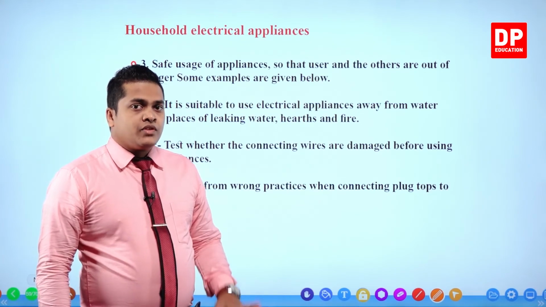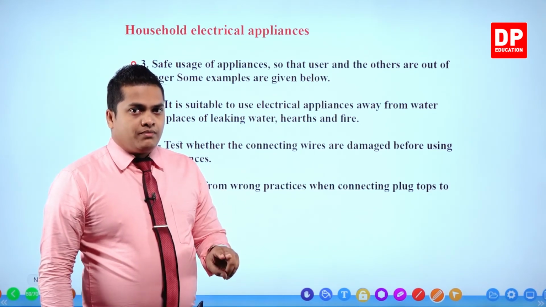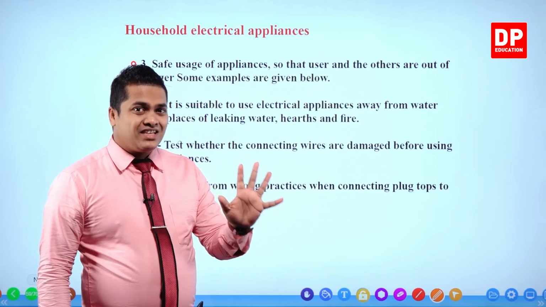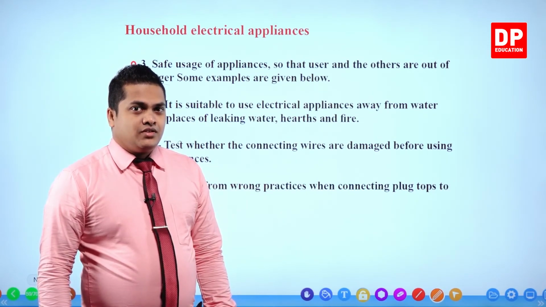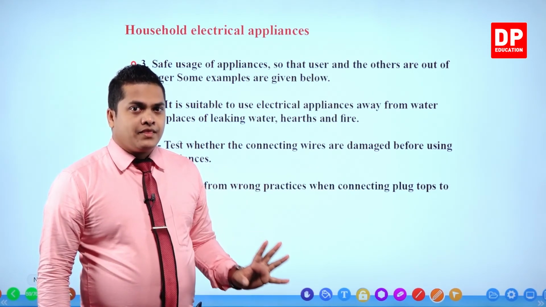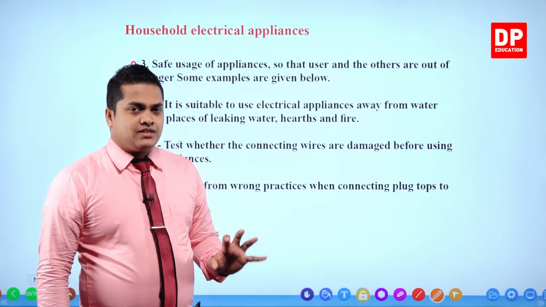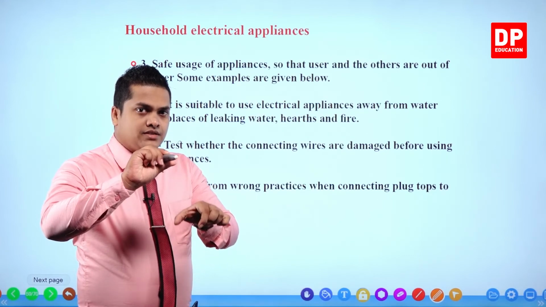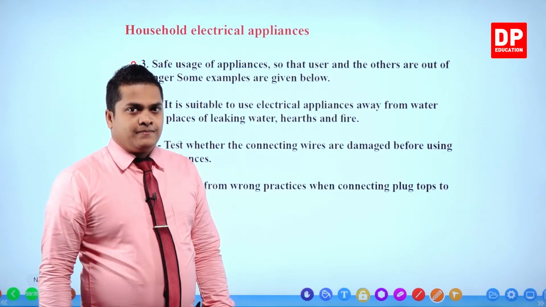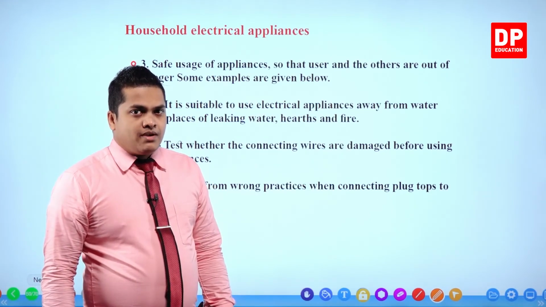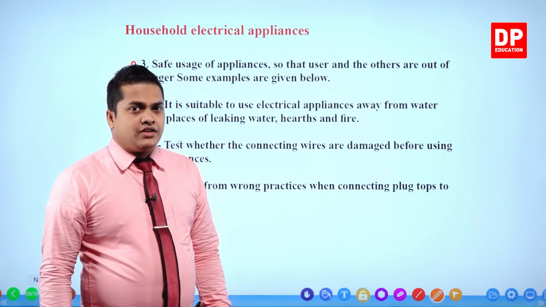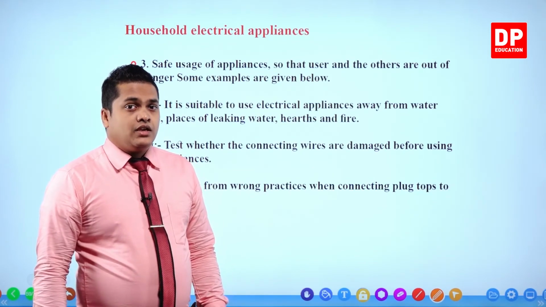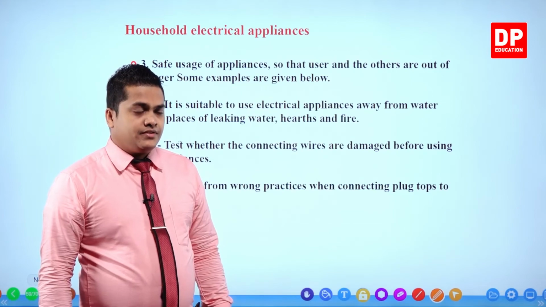Take a pencil or a pen, insert it into that top part, then insert the plug as you need. Remember to follow these things, my dear children, otherwise there would be harm.